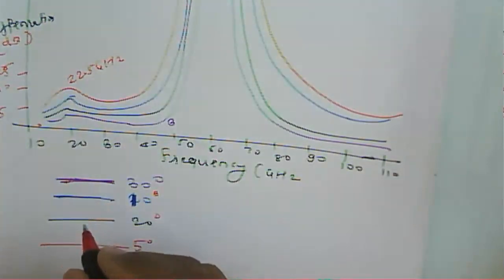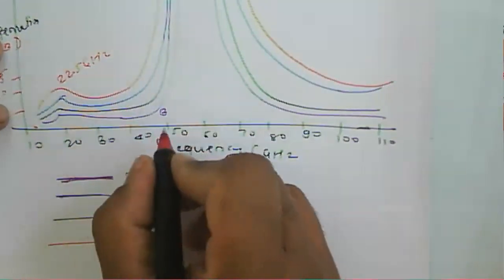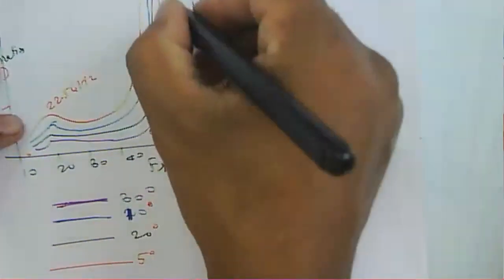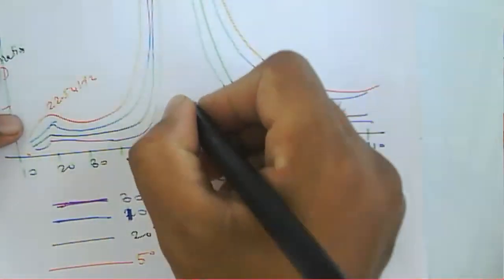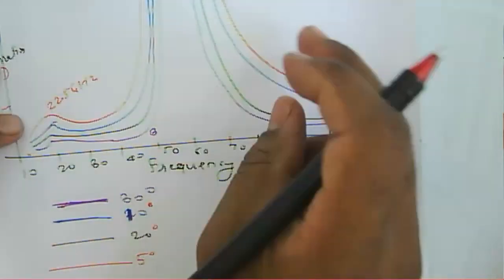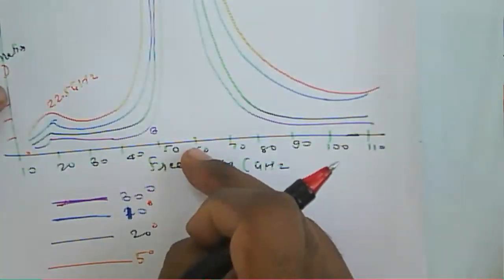That is for water vapor. And if you consider this particular 60 gigahertz, it has some particular O2, oxygen. So that's why the attenuation at that particular frequency is low.